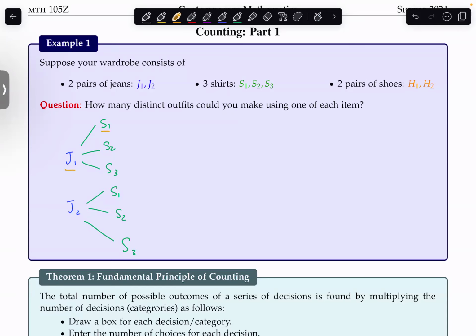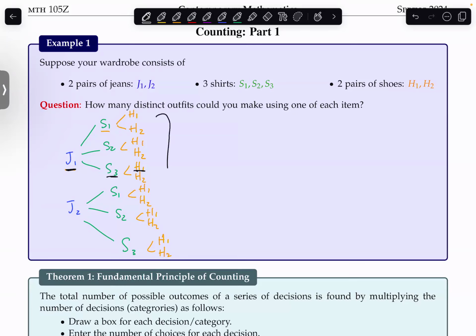So if I choose jean 1 and shirt 1, I have the options of wearing either the first pair of shoes or the second. And the same is true for every other choice that I made. So here, if I follow any one of these branches, so let's say jean 1, shirt 3, and shoe 1, then this really is telling me one choice that I have.